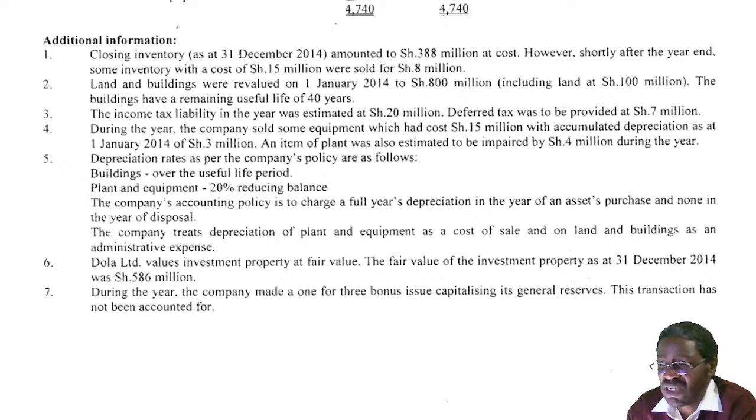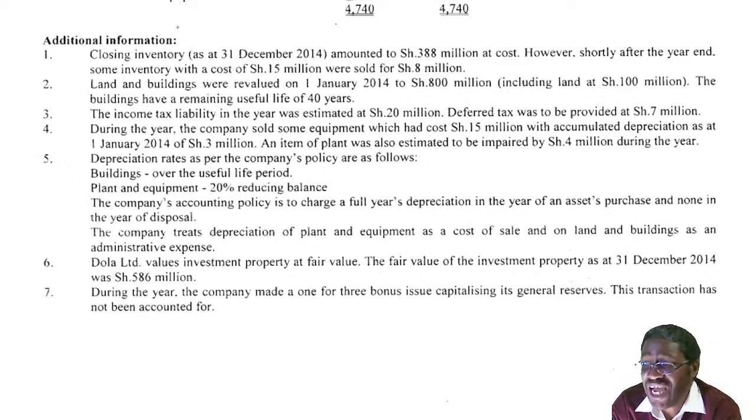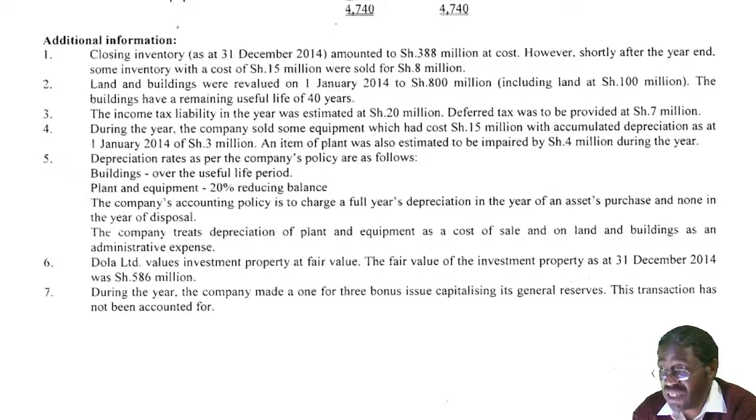Listen, we revalued both land and buildings to 800. For the land alone, it was revalued to 100. Remember, land, we are not depreciating it. So it means now, the building on its own was revalued to how much? 700. I hope you are listening.